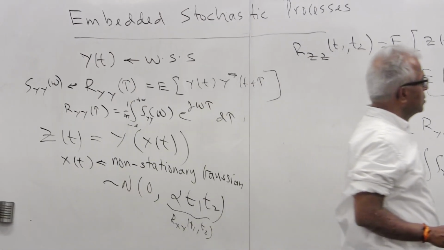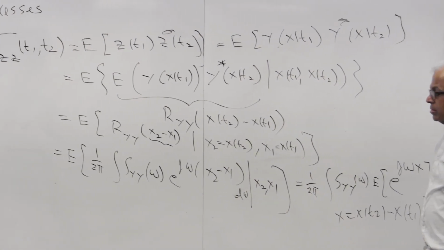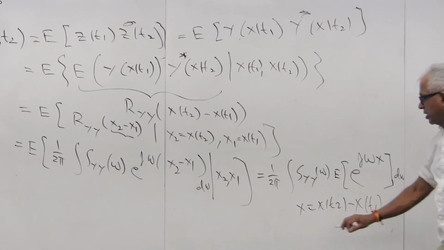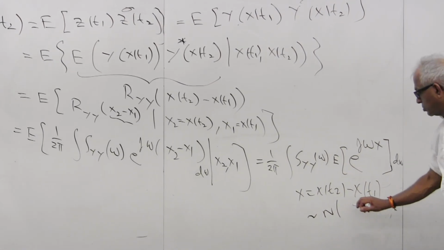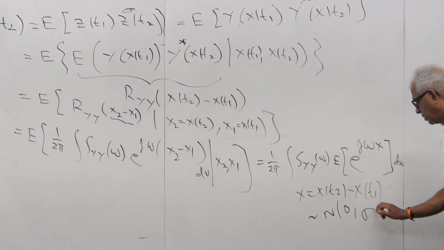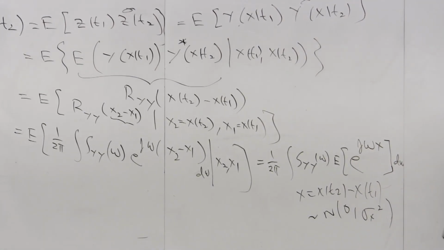So if x is Gaussian, then this is a Gaussian random variable, and it is certainly zero mean. The only thing we need to figure out is the variance of this random variable.